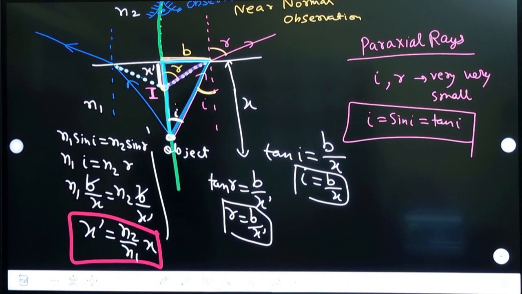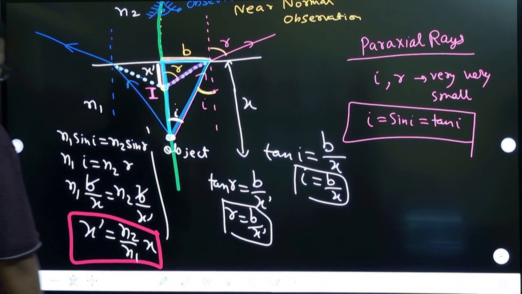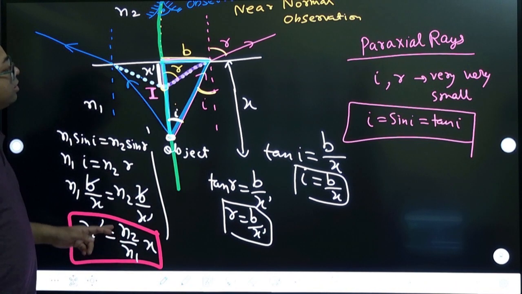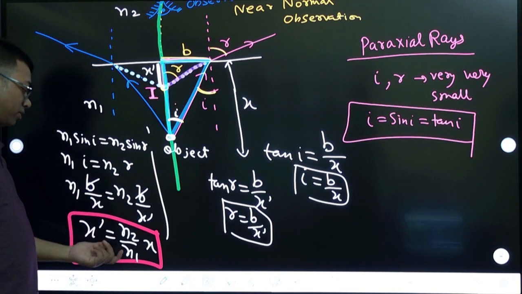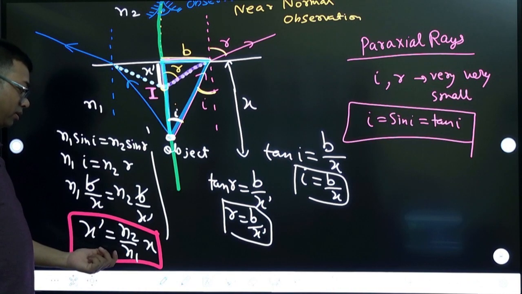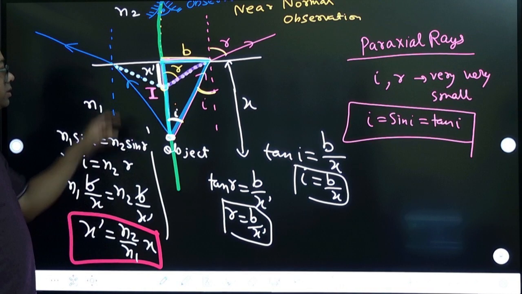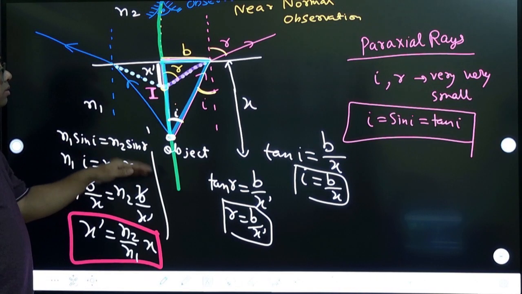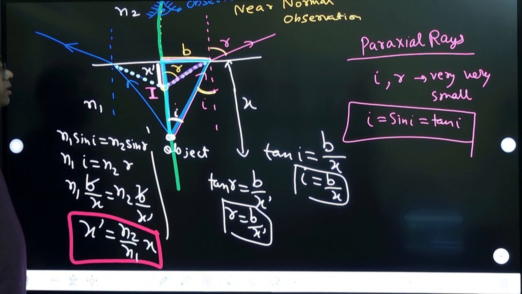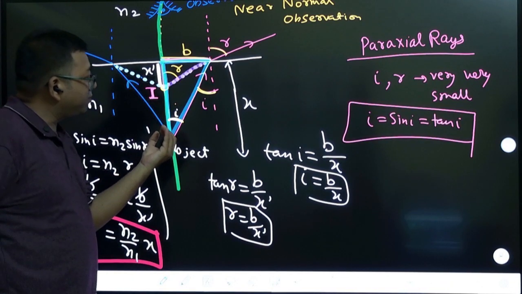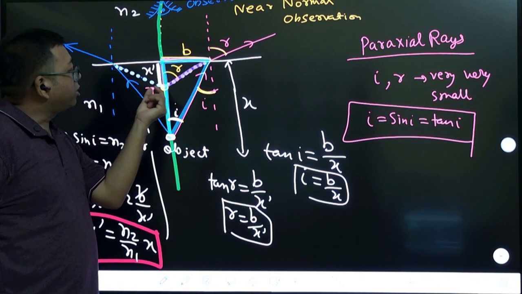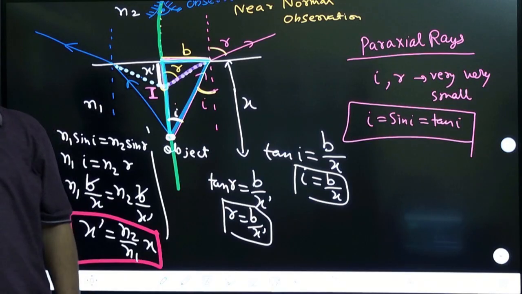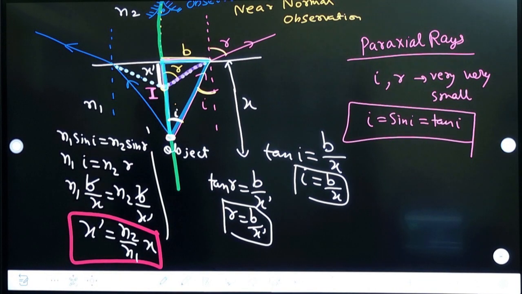So x dash is equal to N2 by N1 times x, and see that here if I take N2 as rarer and N1 as denser, then this is going to be a fraction, so x dash is going to be smaller than x. That means if there is an object inside water, it gets shifted upward. This image looks to be forming near the surface. Yes, are you getting this?